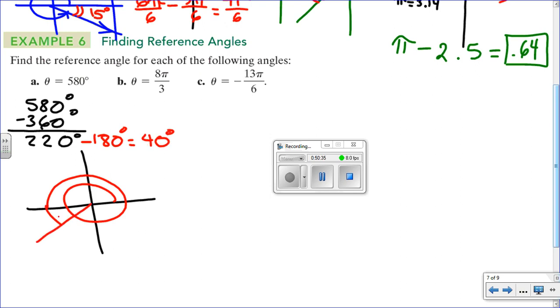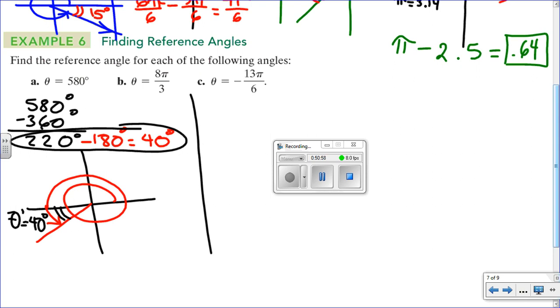So right there. So you already know what the reference angle is, right? Because we got it from here. This one right here is 40. That's why I like drawing them. It kind of tells me what to do. If I don't draw them, I'm not very good. Just like, do I subtract or what?